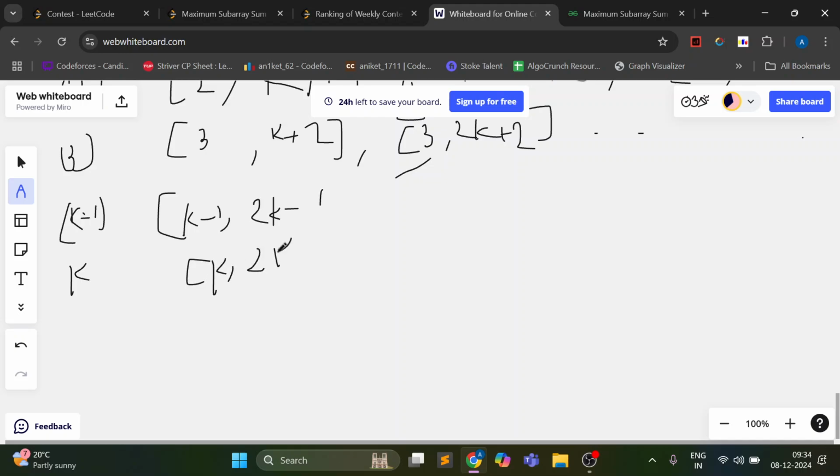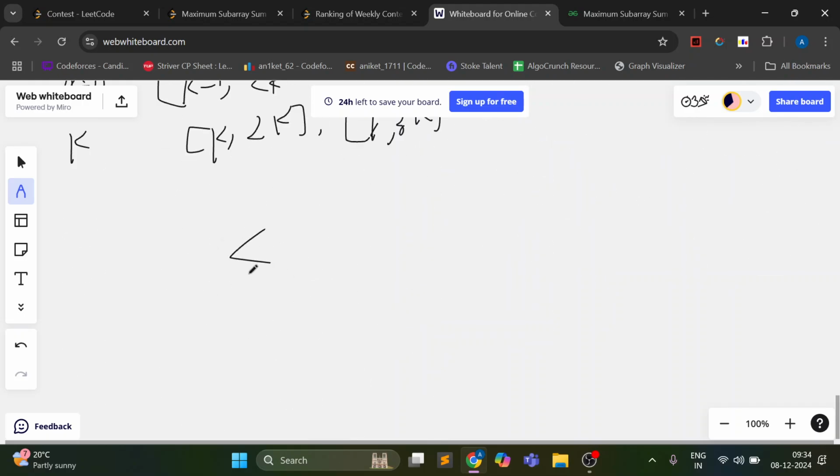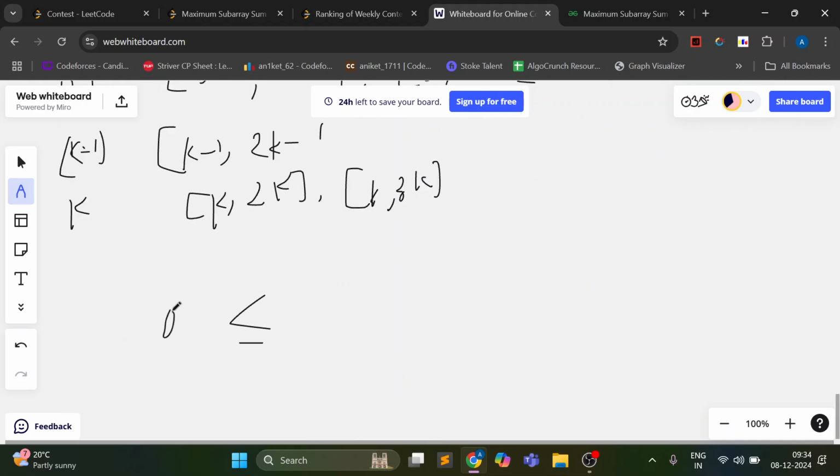K to 2k, k to 3k. So these are some possibilities. Now, what each possibility represents is the end of a subarray. What this end is, it is unique, and its mod lies from 0 to k minus 1. Let's consider it as x.